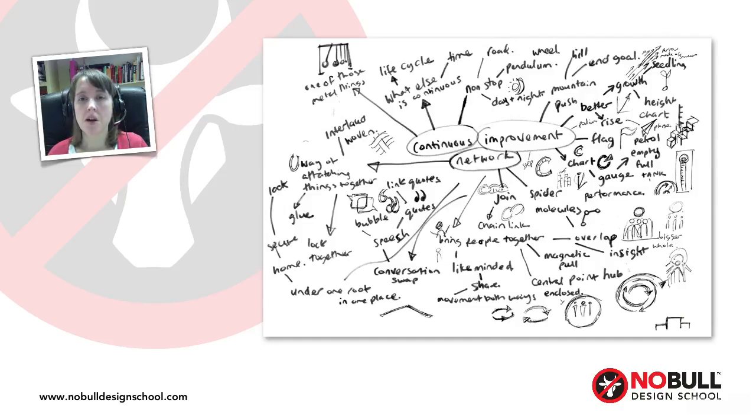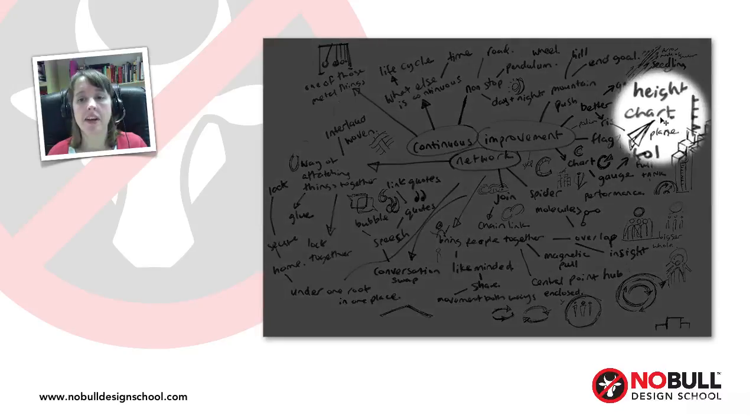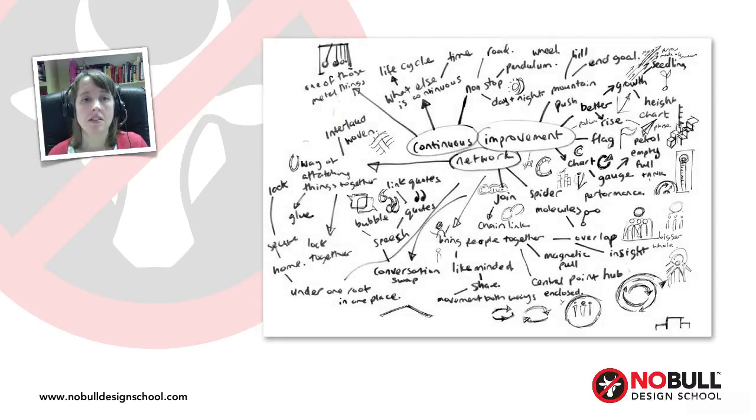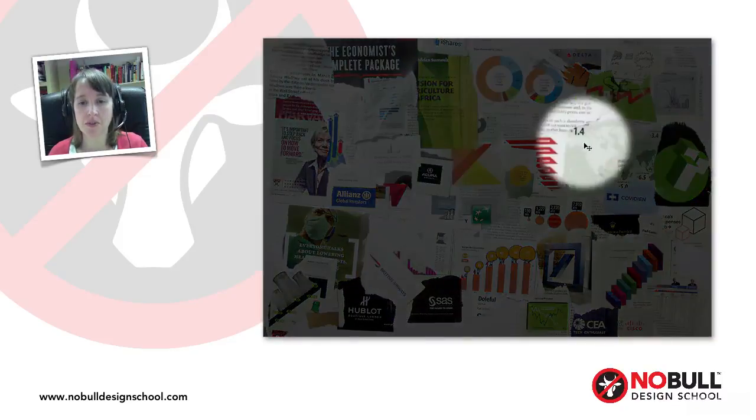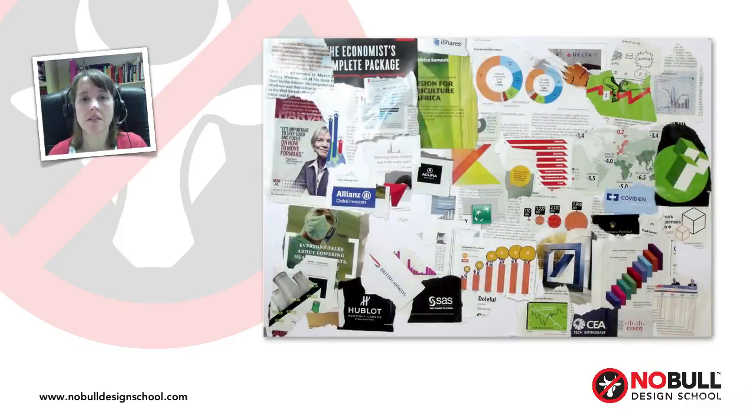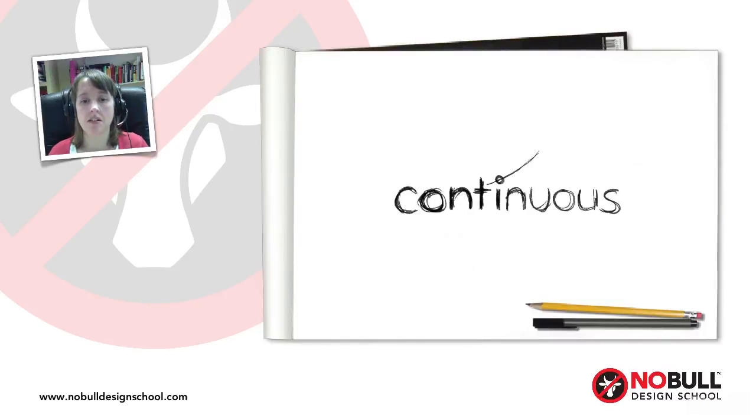So going back to the mind map, one of the other things that we had on there was chart. So we also had lots of reference for charts on the mood boards. So think about how you can combine the idea of a chart with the words of the company name. So one way you could perhaps do that would just be to simply use the dot of the eye to become part of a flowchart.